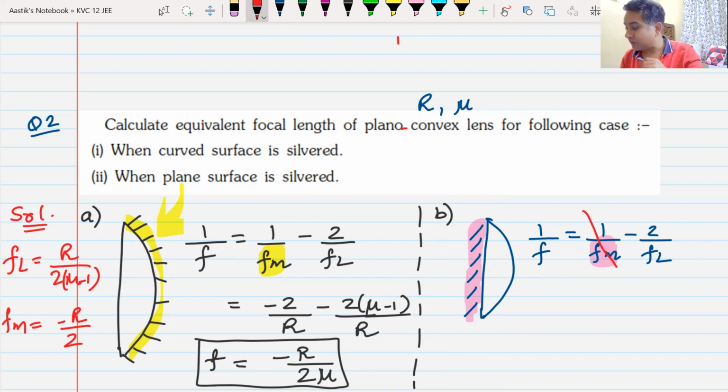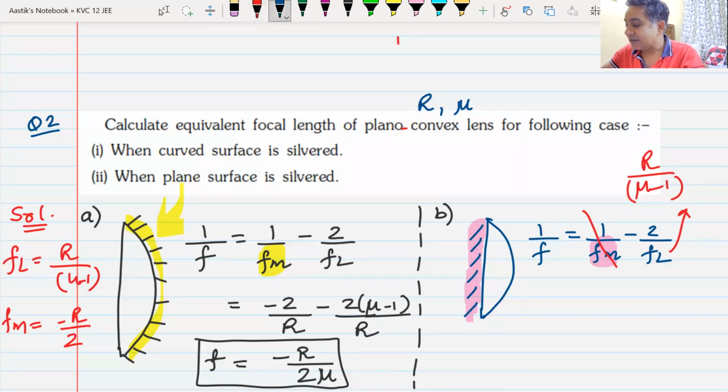Now the focal length of the lens, I have written the formula wrongly here. It is a plano-convex lens, so it should be r upon mu minus 1, not r upon 2 mu minus 1. Focal length of the plano-convex lens is r upon mu minus 1. I put it in the formula.